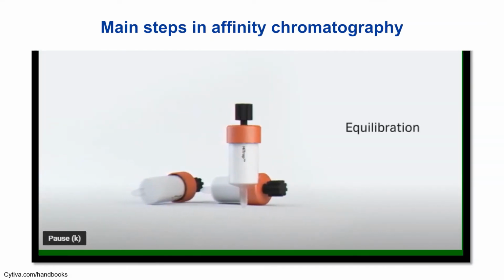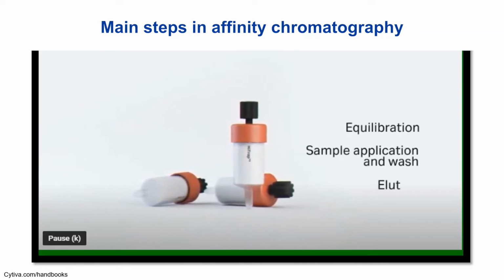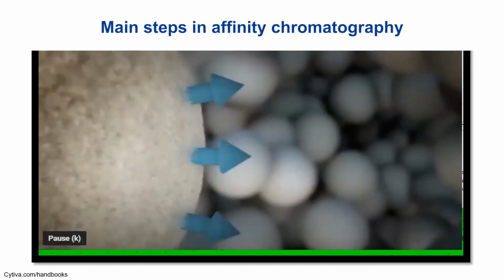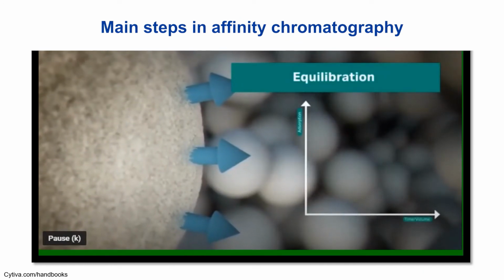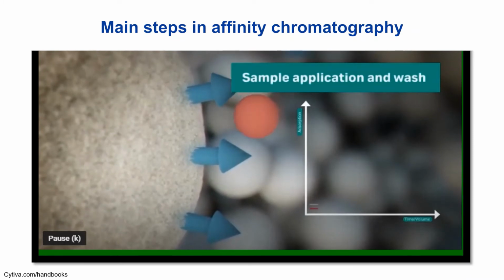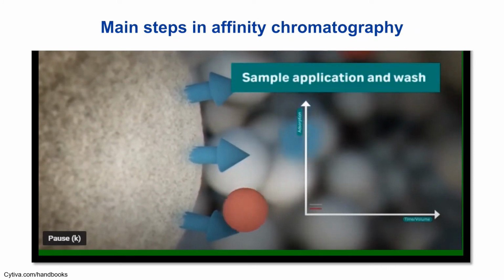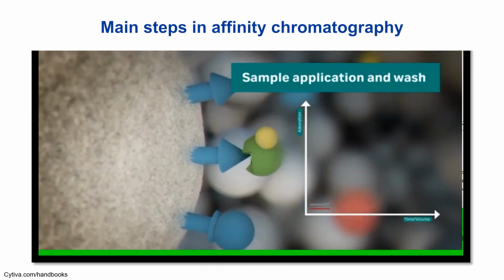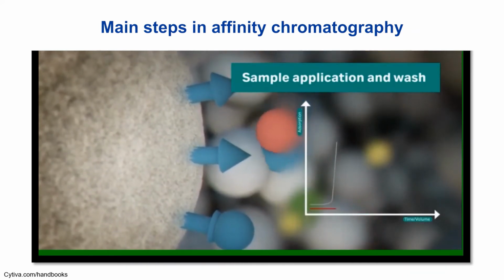In general, all types of affinity chromatographies are composed of three steps. After column equilibration with the mobile phase, in the loading step, a mixture of different molecules is passed through the column and the binding partner on the resin captures the molecule with specific affinity.